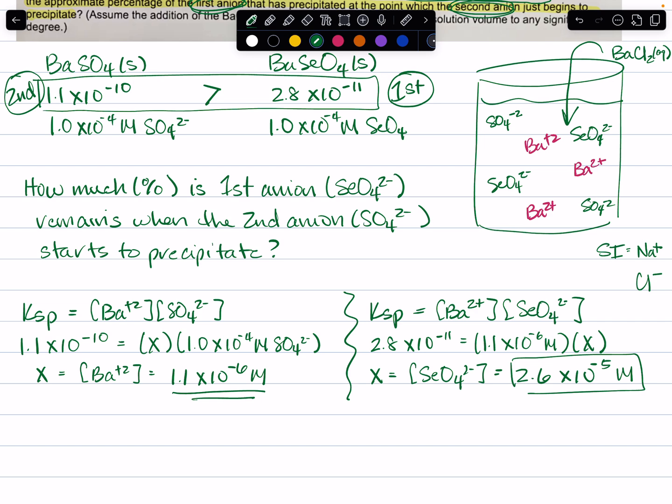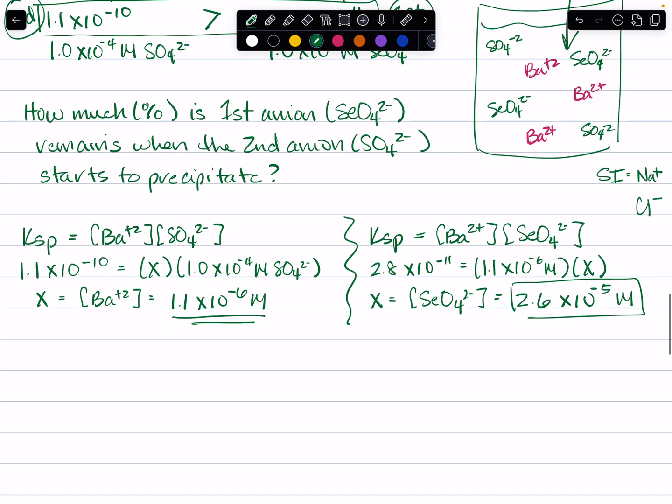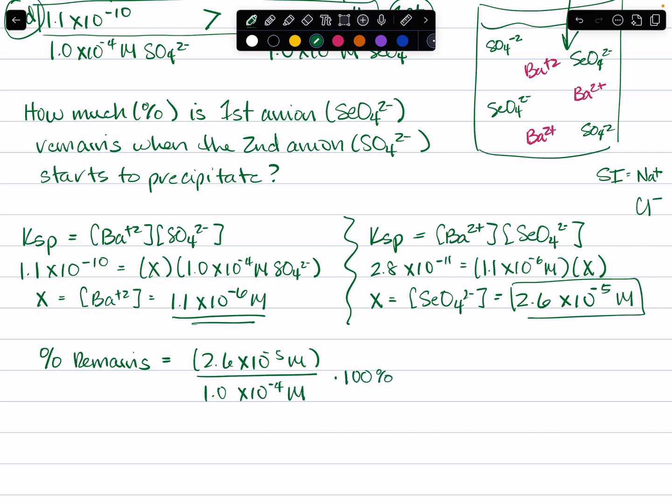Now, the problem didn't just want to know the concentration, it wanted to know the percentage. So basically, the percent that remains is going to be equal to this value, 2.6 times 10 to the negative fifth molar, divided by our initial amount, which is 1.0 times 10 to the negative fourth molar, and then we multiply that by 100%.